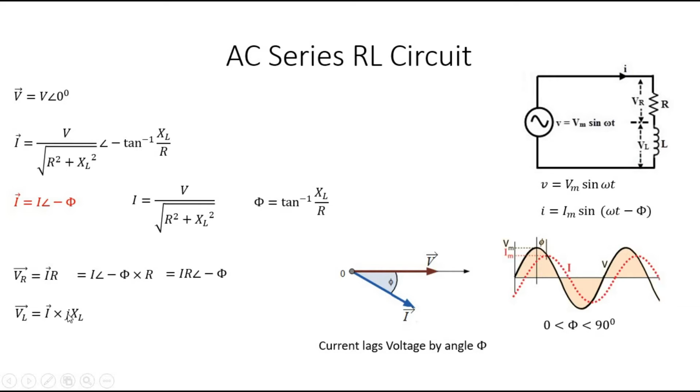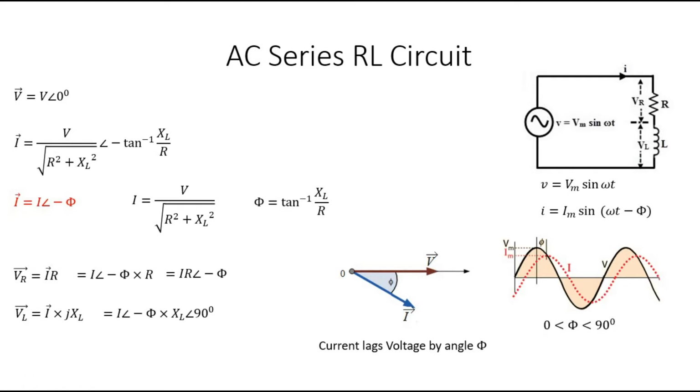Here there is no real part, so it is XL itself, and the angle is tan inverse B by A, so tan inverse XL by 0, tan inverse infinity, so it is 90 degrees. So the current vector is I angle minus phi, and jXL is XL angle 90, the magnitude XL and angle 90.